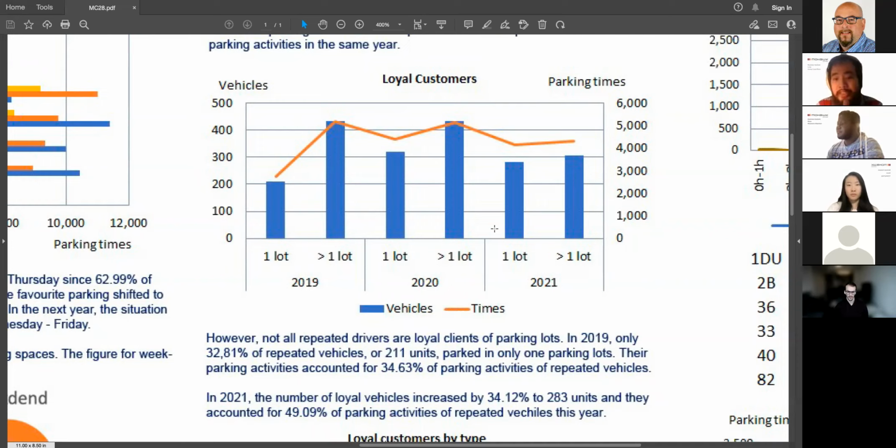And the parking activities account for 1/3 of the parking activities of repeated vehicles. In the diagram, you can see that after 2 years it increased by 1/3 to 283, and the amount of parking activity from the loyal ones, who only park in one parking lot, increased to nearly 50% of the repeated vehicles in this year.